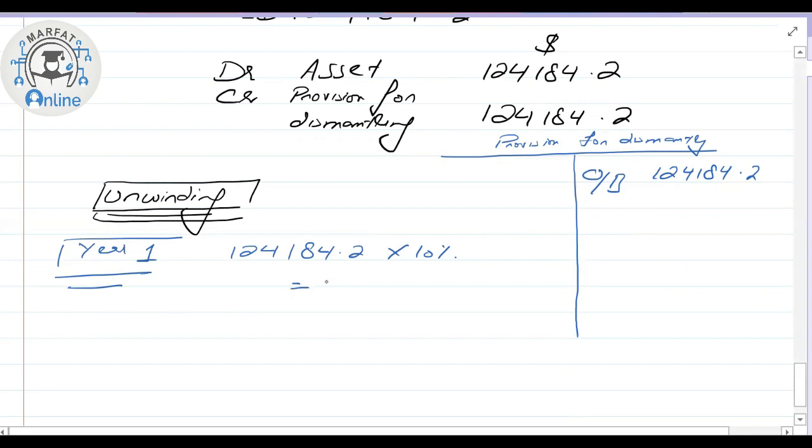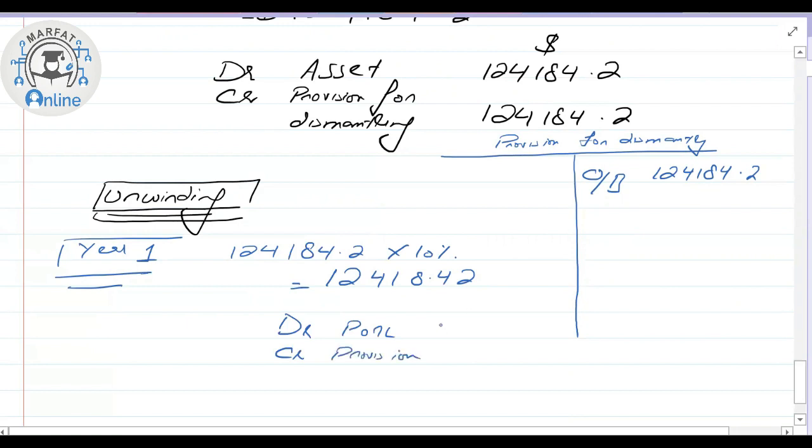It gives you 12418.42. Now what we're gonna do, we're gonna add this thing, debit profit or loss, credit provision.